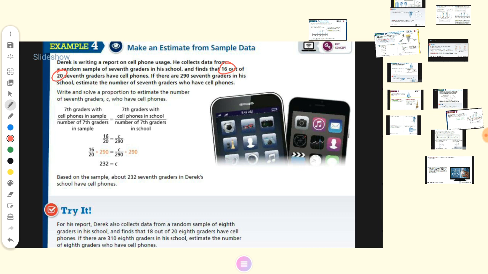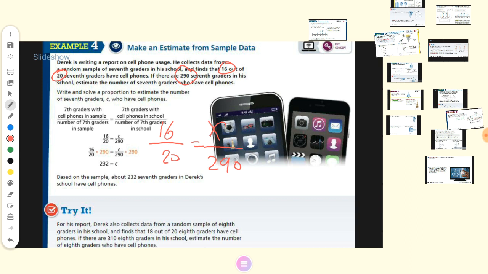Okay? If there are 290 7th graders, the population is 290. How can you estimate the number of 7th graders who have a cell phone? Actually we do it proportionally. So part over whole equals part over whole.